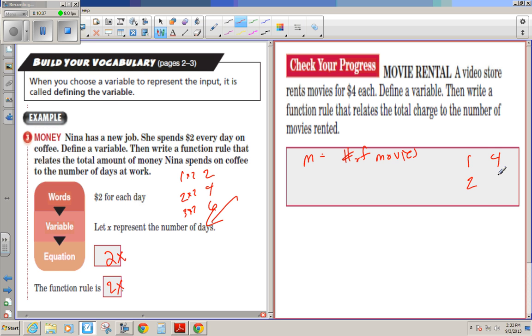Two movies would be $8. Three movies would be $12. Four movies would be $16. And what you'll see eventually is that you're multiplying each of these values by 4. Therefore, my expression is 4m. 4 times the number of movies rented.